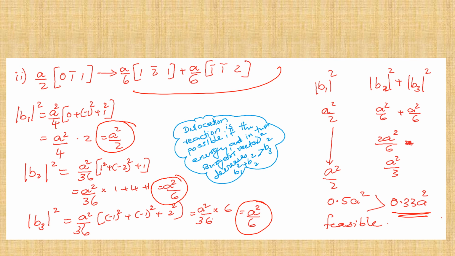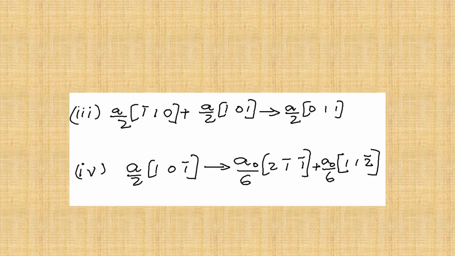So this reaction is feasible. So we learned about dislocation reactions and how to find whether a dislocation reaction is feasible or not. Based on this concept, try these two examples by yourself. Okay, students. Thank you.